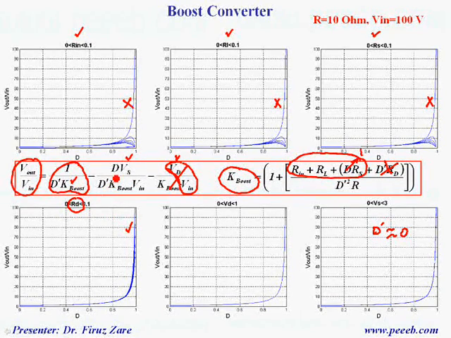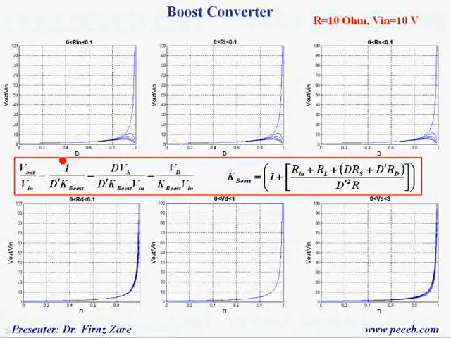At high duty cycle, this term compared to this term is not significant, because D Vs is approximately Vs, and Vs divided by Vin is not significant. So that's why this is the main factor to define the conversion ratio for the boost converter with ideal components.